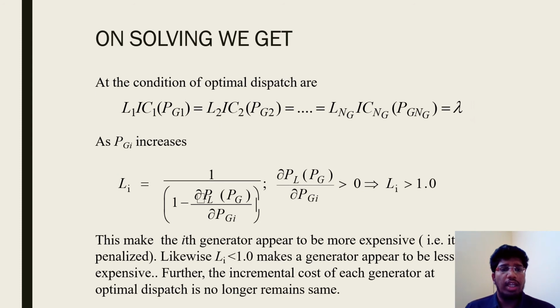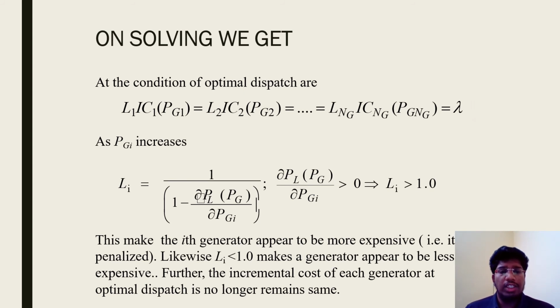On solving, we get the condition of optimal dispatch as L1 IC1(P_G1) equal to L2 IC2(P_G2), and so on, up to L_Ng IC_Ng(P_G_Ng) equal to lambda. Here L_i equal to 1 by (1 minus del P_L(P_G) by del P_Gi). If del P_L(P_G) by del P_Gi is less than 0, that implies L_i is less than 1.